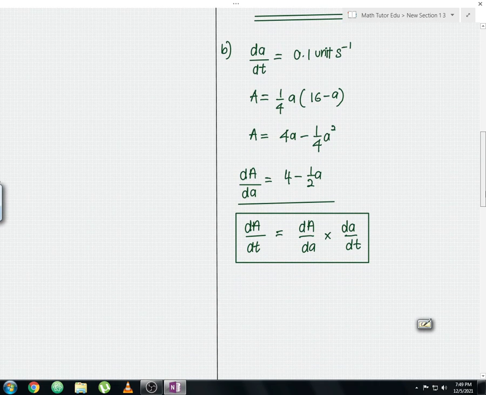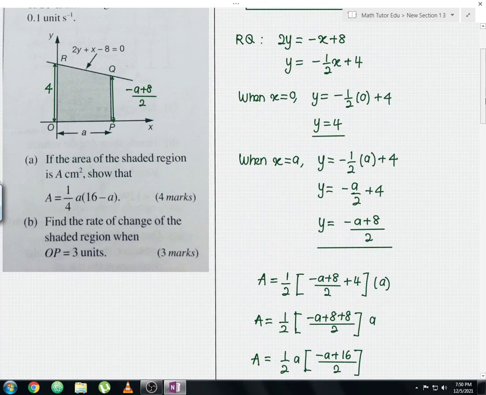So from here, the question already mentioned to use the condition where OP is equal to 3 units. By the way, don't get confused, guys. You may ask me, you mentioned A here and then suddenly you mention OP. Basically it's the same, so OP is actually equal to a.